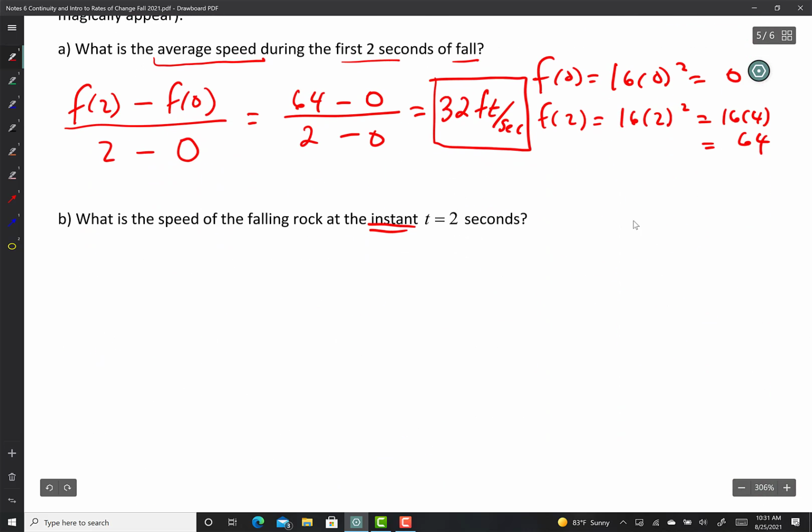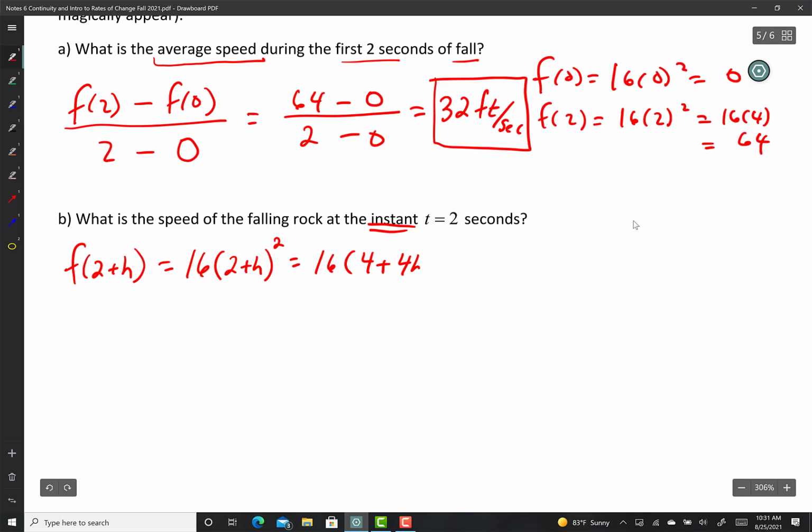We still only know how to find, I still need position final and position initial, but I'm going to trick it by doing this. I'm going to go f of 2 and a little bit past 2. And I'm going to go 16, parenthesis, 2 plus a little bit past it. Remember that h, we'll talk about it right now, which is 16, parenthesis, 2 times 2 is 4. 2 times h is 2h.